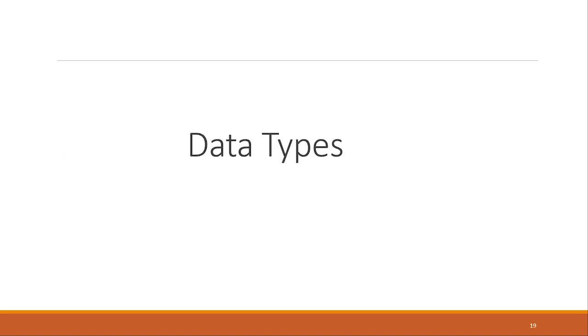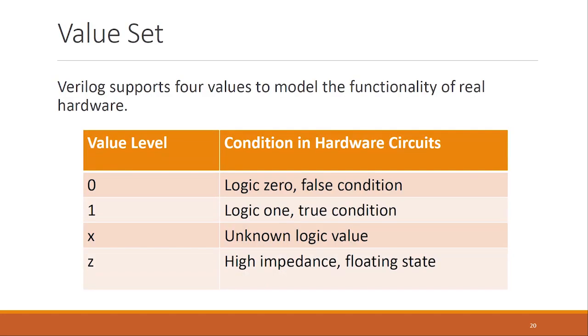And now we can go to data types in Verilog. We can see what data types are available in Verilog and how they work. First, we can look into the value set supported by Verilog. Verilog supports 4 values to model the functionality of real hardware. With Verilog, what we are trying to do is model real hardware, and to model real hardware, we need a value set like this.